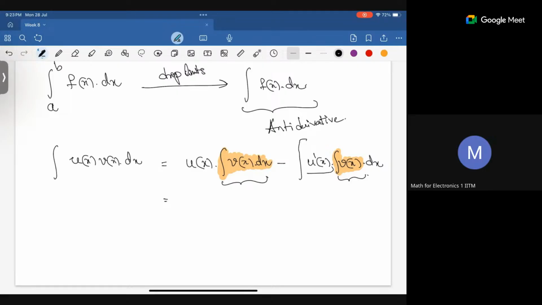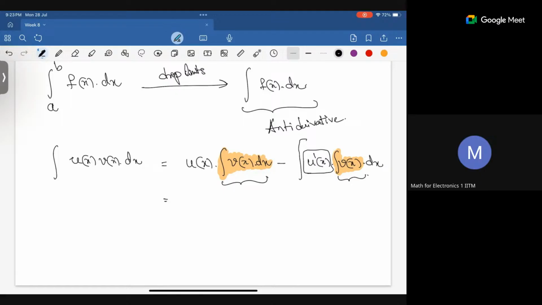So once we know this, we can compute these two. And when you do this, for u prime of x, we will make sure that the expression that results when I compute the derivative of u of x is much simpler compared to u of x. Okay, so that is how we divide u of x and v of x. If not, we can't use this by parts. Why are we using this technique?